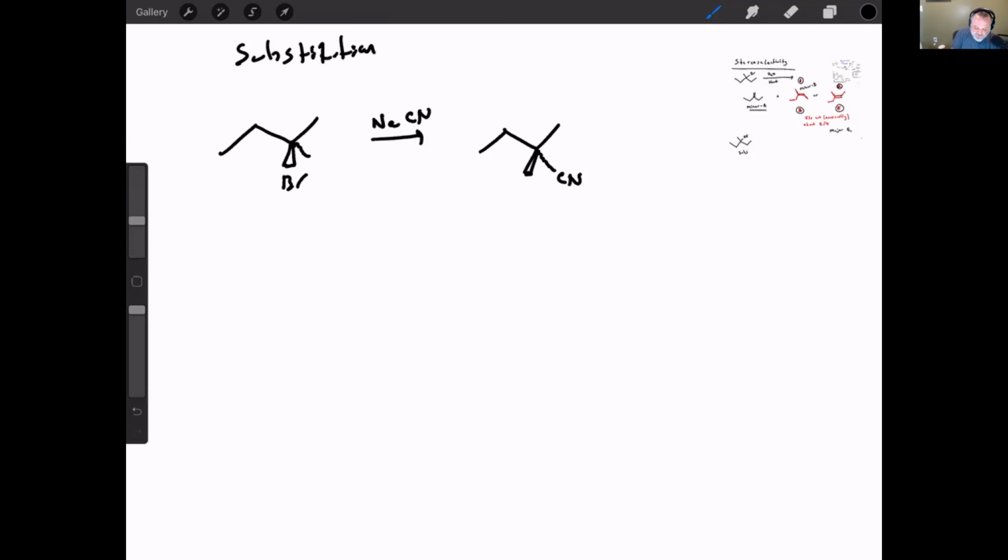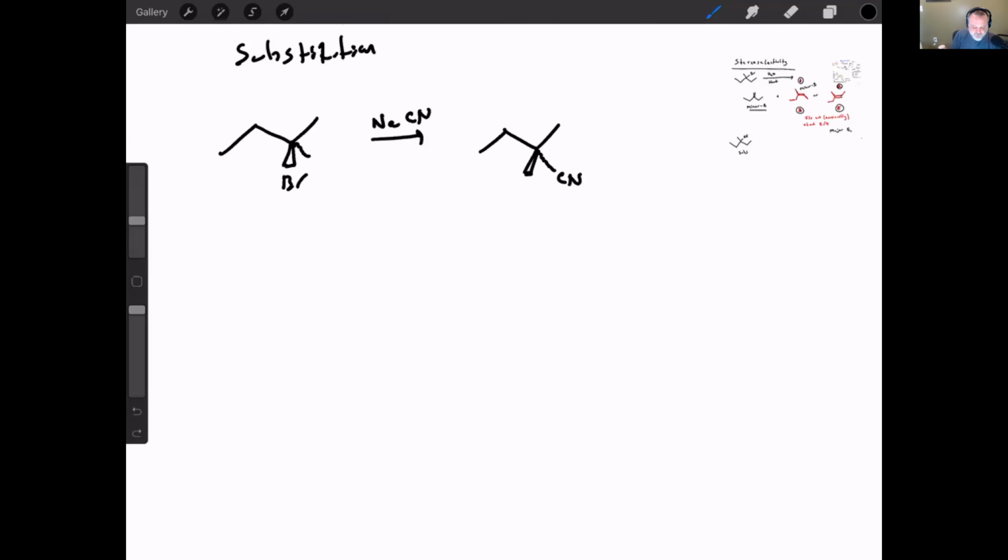Remember that the transition state of the reaction, oops, I drew that wrong. Try that again. That's the bromine that's leaving.